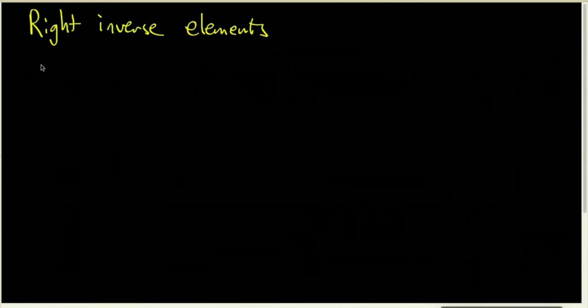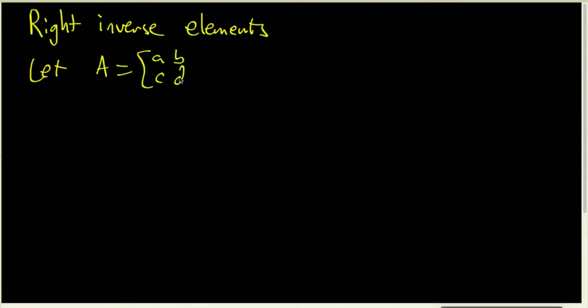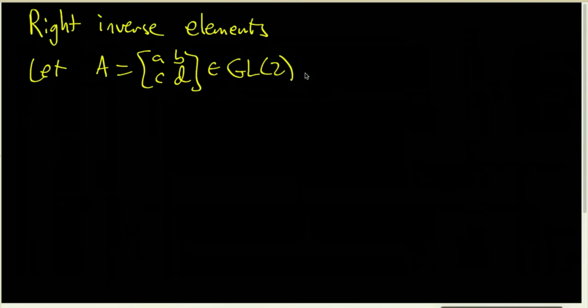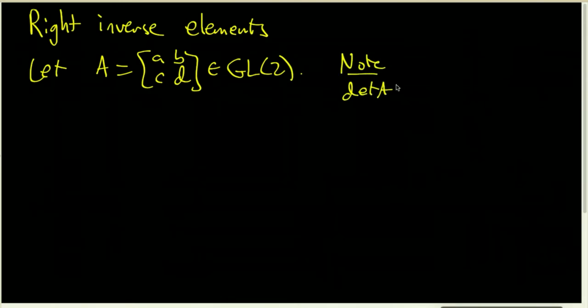Now for right inverse elements, what I have to do is let A be any element inside GL2. Now I do want to make a note that says that the determinant of A, which is AD minus BC, is not 0.